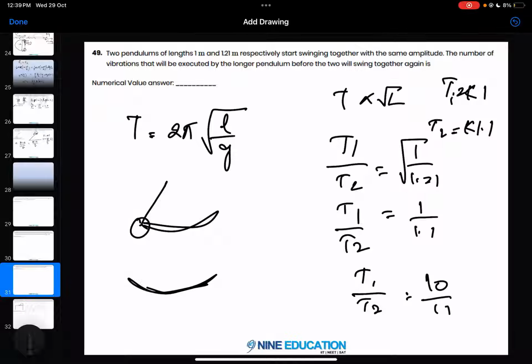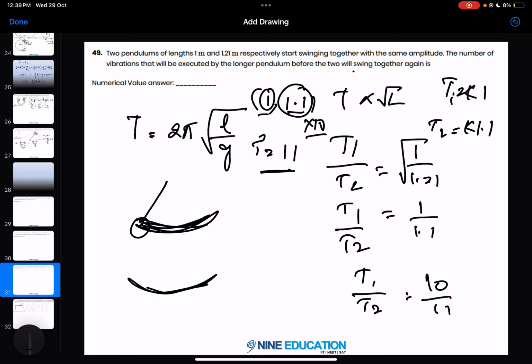If you say the time periods are just multiplying some constant, then when time becomes 11, 1 times 11, it will complete oscillations. 1.1 times 10, it will also reach the same initial position after completing 10 oscillations.